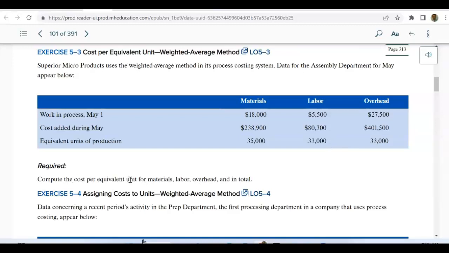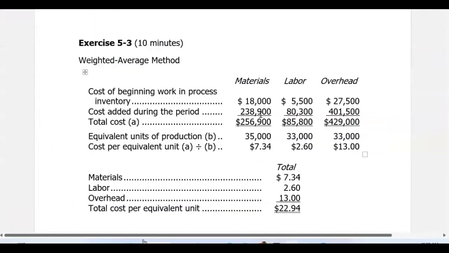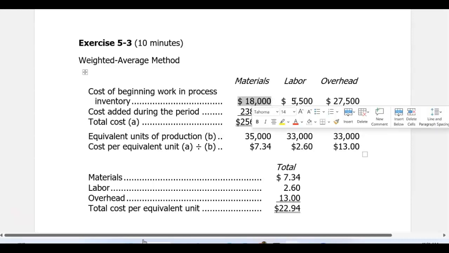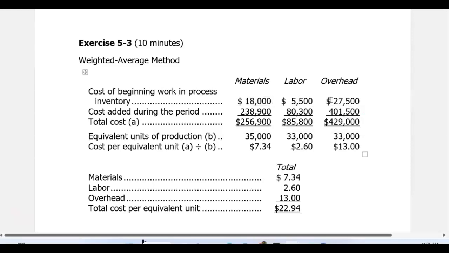Okay, compute the cost per equivalent unit for material, labor, overhead, and in total. Here we go. So the material cost of beginning work in process, remember from last month, we had $18,000 leftover. So that's beginning of May, 5,500 for labor and 27,500 for overhead.